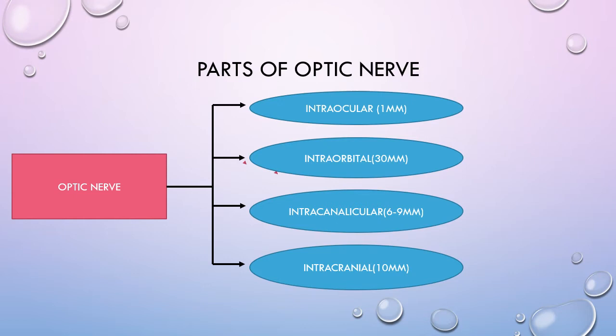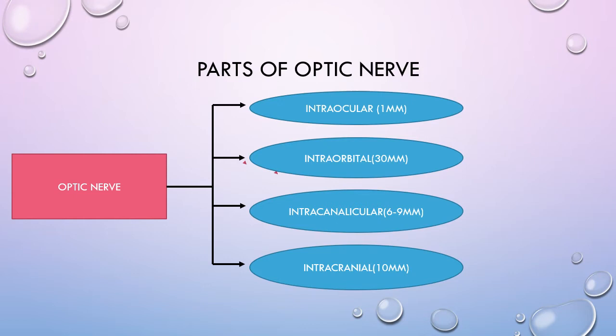Third is intracanalicular. Via the optic foramen, optic nerve enters the optic canaliculus, the optic canal. So this is known as intracanalicular part that extends 6 to 9 millimeter. This is the bony part through which the optic nerve passes.